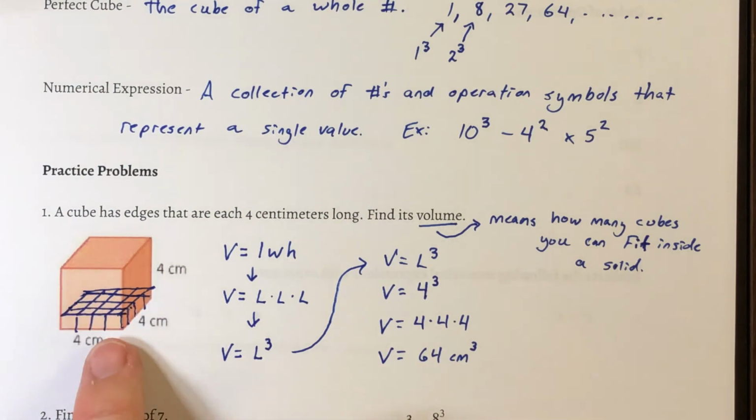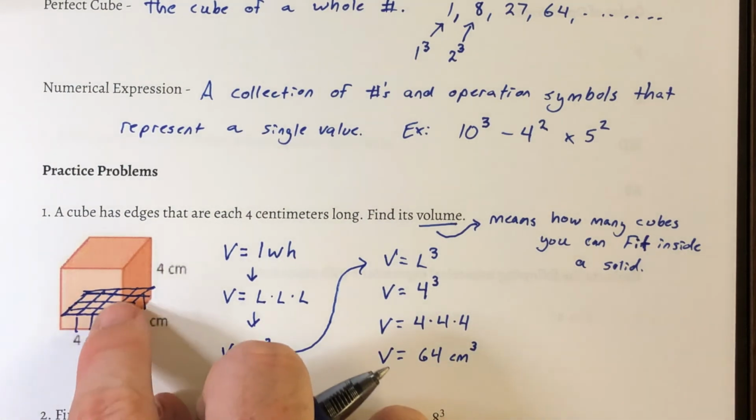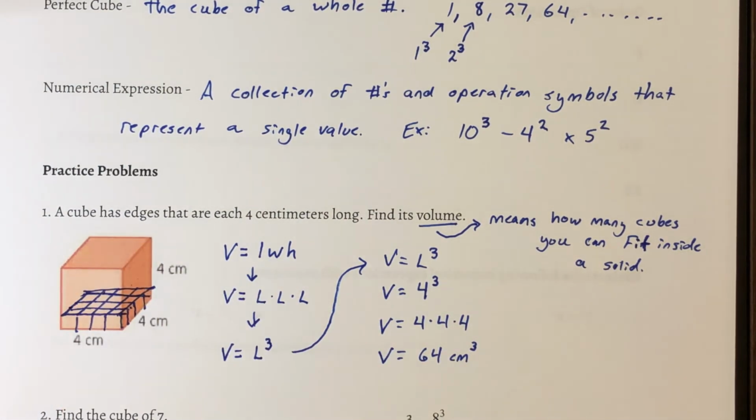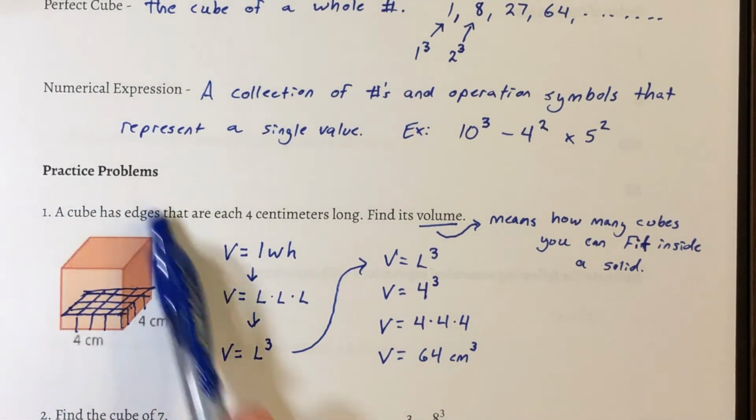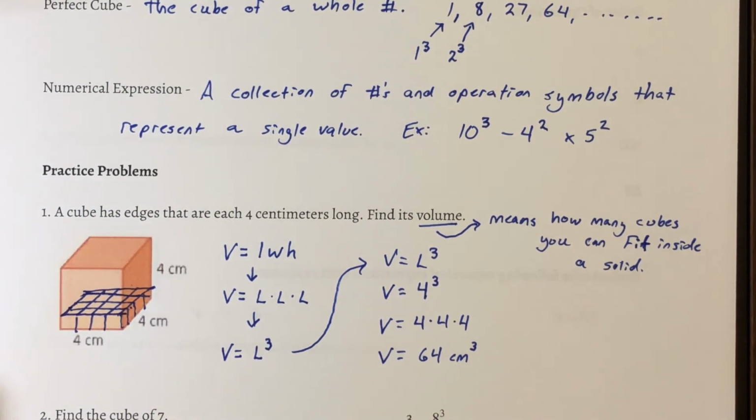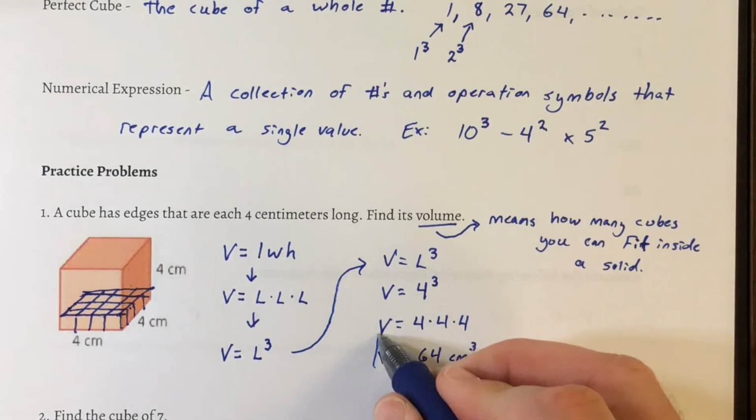So imagine this bottom layer of cubes, and we would stack more on top. You're eventually going to be able to fit 64 of those inside. So that's what volume means. How many cubes will fit inside a solid or in an object? In this case, our answer is 64 of them.